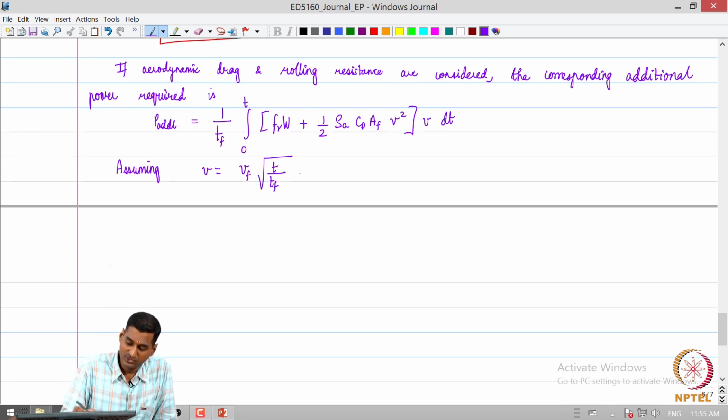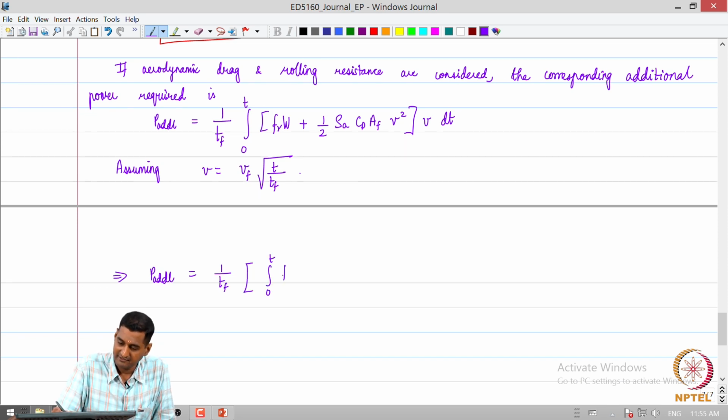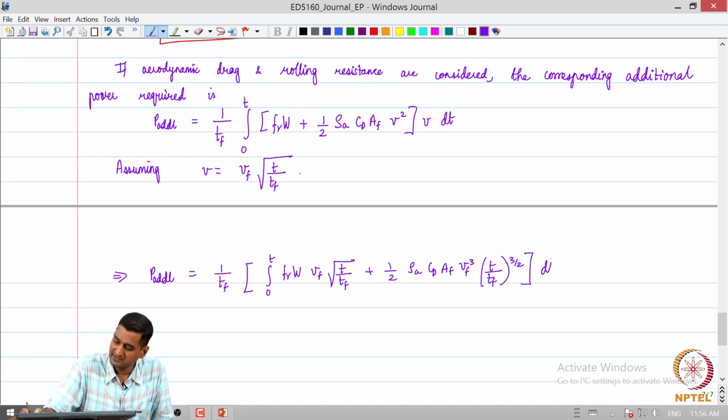If we do this, then the additional power requirement is going to be equal to 1 by Tf integral 0 to Tf of FRW Vf square root of t by Tf plus 1 by 2 rho A CD AF Vf cube (t by Tf) to the power 3 by 2 dt.